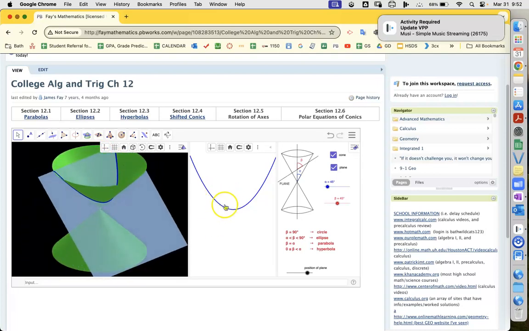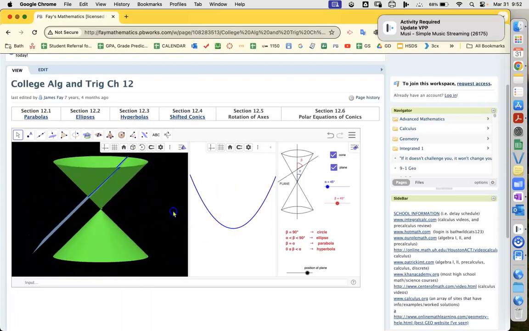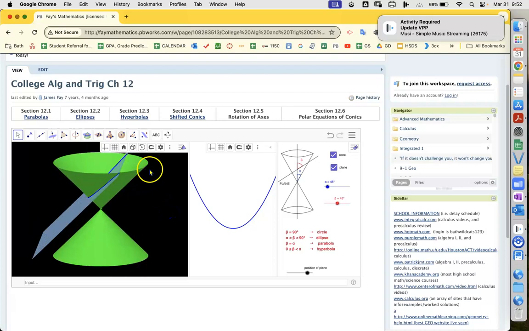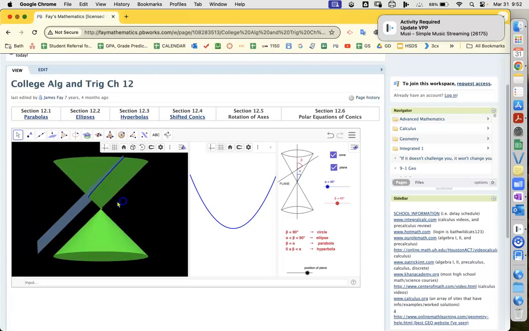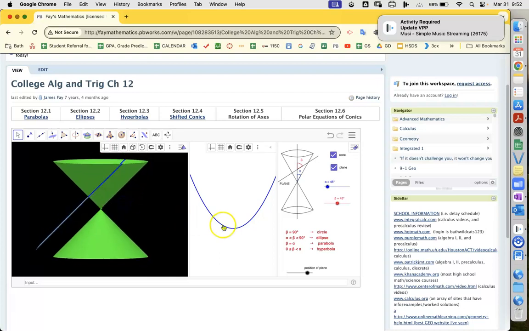Now this is interesting, because that plane is parallel to the edge of the cone, which we call the slant height of the cone. When the plane is parallel to that, what we end up with is this image here, and that is a parabola.